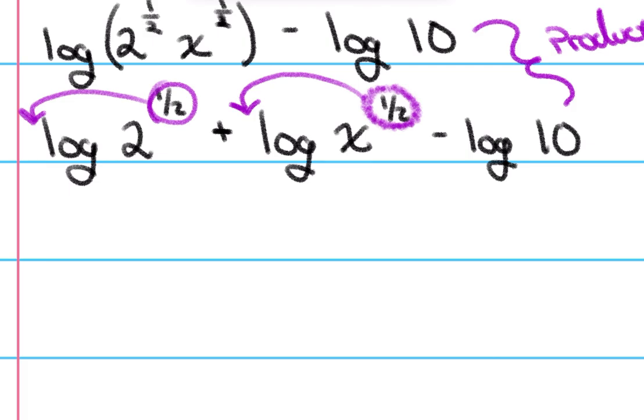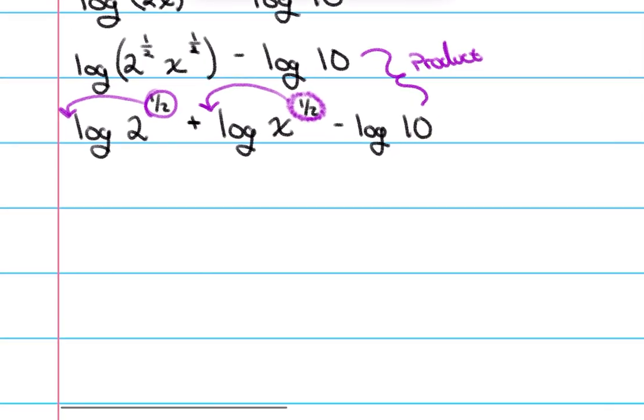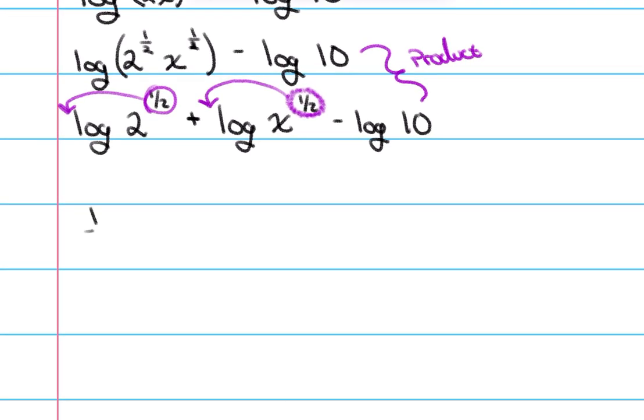I'm going to zoom out a little bit. I'm going to end up with 1/2 times the log of 2 plus 1/2 times the log of x. And then I'm going to skip a step just so I can move on, minus the log of 10.